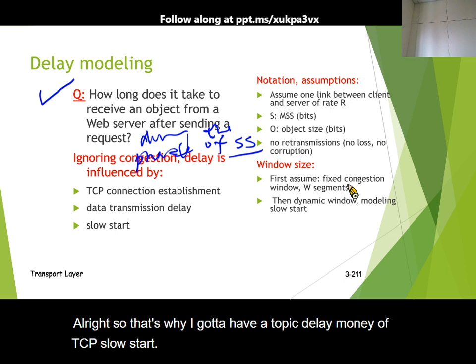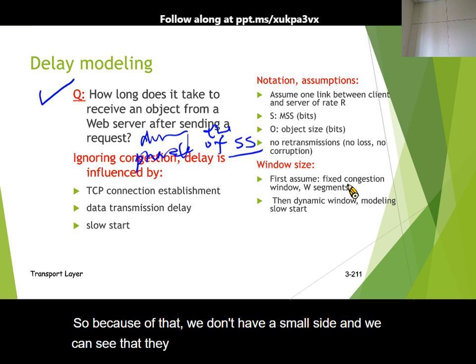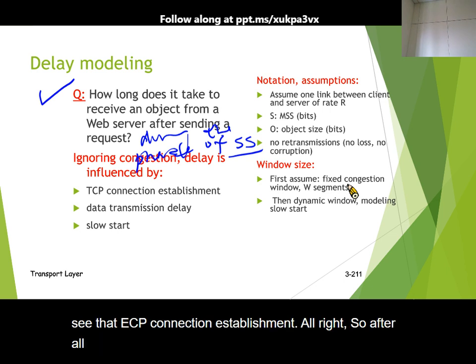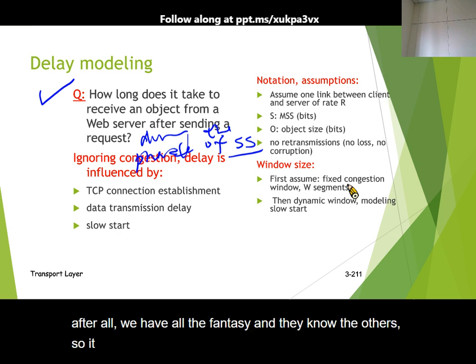Because of that, we already have slow start, and we consider data transmission delay, and we also consider the TCP connection establishment. So up to now we have all the factors here and ignore the others. Of course, it should be the delay modeling associated with slow start.